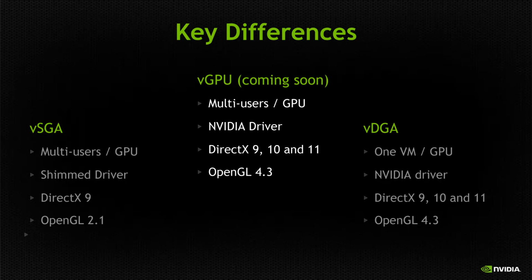We expect the advantages to be similar to other platforms where it's been implemented. This includes having multiple users per GPU, being able to leverage the NVIDIA driver, and having the latest versions of DirectX and OpenGL.